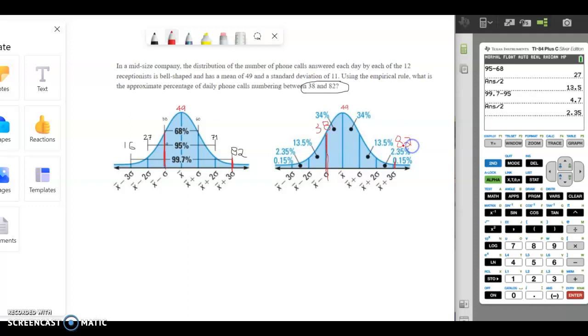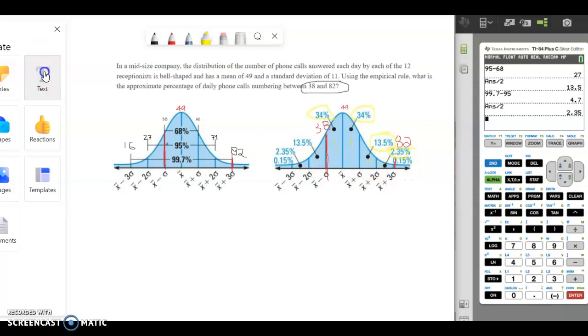So to get the percent of the data in between those two numbers, let me switch my color here, we are going to need this 34, because that's this piece here. We need this 34, because that's this piece. I'm trying to get the pieces between these two red lines. The 13.5%, because that's that piece. And the 2.35%, because that's this piece. So these four puzzle pieces make up the area between this red line and this red line.